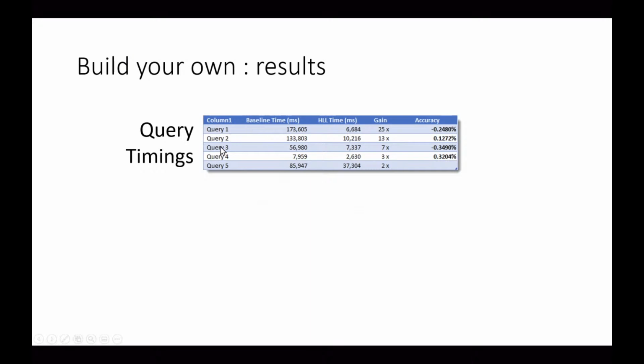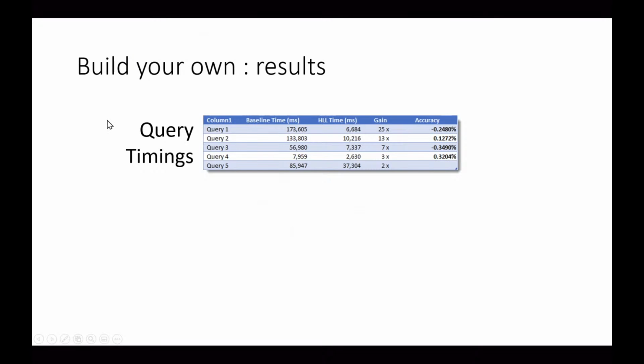When I ran that calculation using DistinctCount, it took 173 seconds, and the memory profile was pretty impressive, as you can imagine. The equivalent in HLL using approximate DistinctCount was only 6 seconds, so it was 25 times faster. Some other queries were 13 times faster, 7 times faster, and some smaller ones were only twice as faster. But the accuracy, when you average it, was less than 0.25% difference.